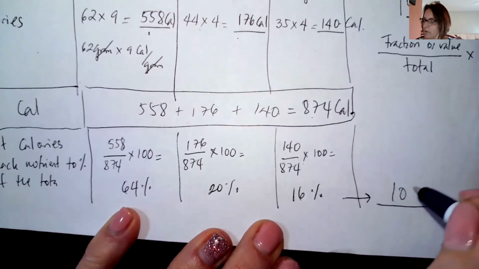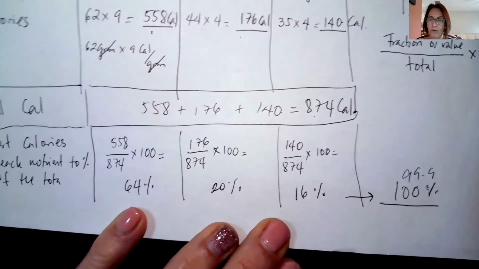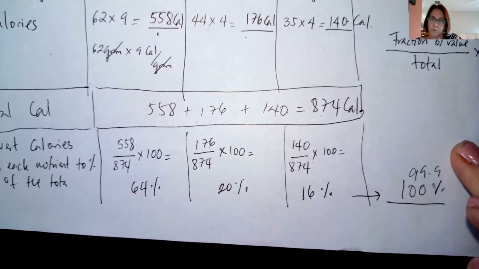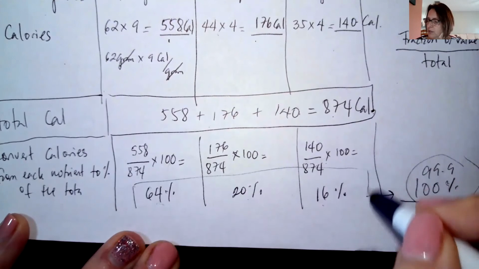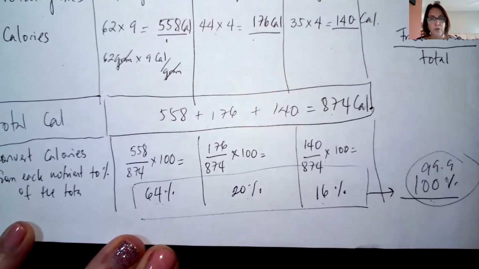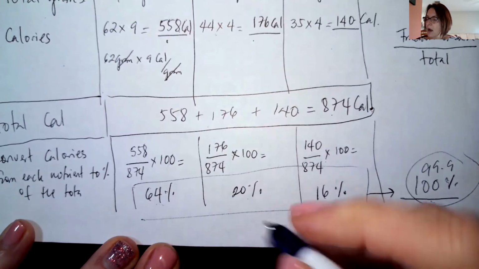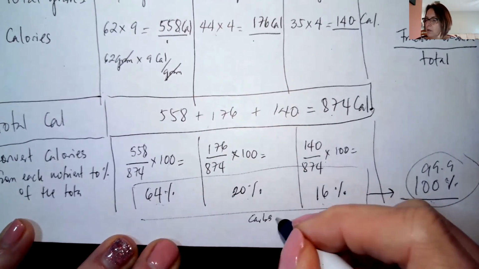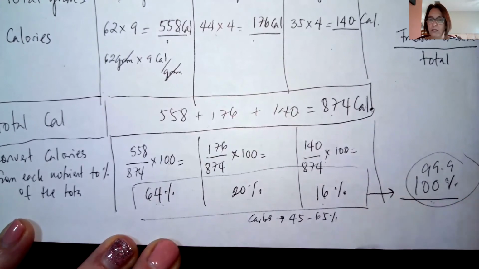And if you want to be sure that your calculations are correct, you just need to check if they all together give you 100% or 99.9, because if you are rounding, maybe you are not exactly on 100, but close to. And how do we use these numbers? Well, in the lecture for chapter 2, we will see that there are some recommendations saying that in our daily intake, carbs should make 45 to 65% of your total calorie intake.